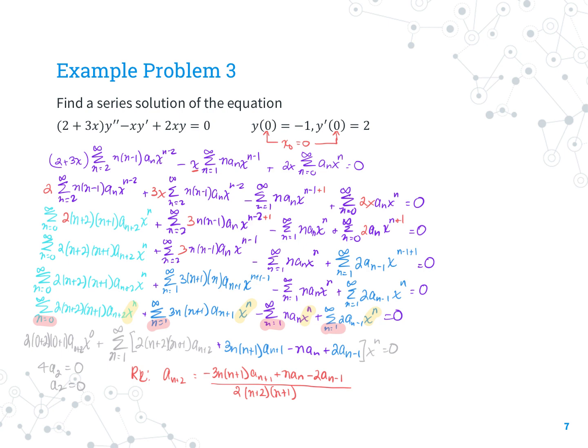So it looks a little bit complicated, but we'll make it work. We'll substitute in a few values of n and see if we can come up with a solution here.